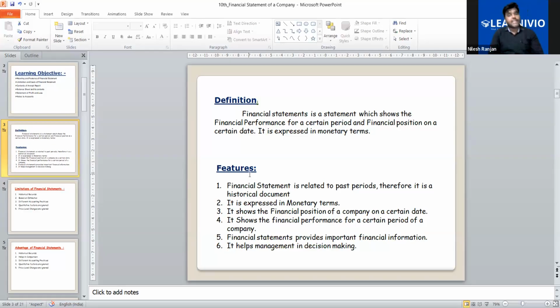The second feature is that it is expressed in monetary terms. There are some items or transactions happening in the business where no money is involved, or you cannot measure them in monetary terms. So these transactions are not recorded in the books, because in the financial statement we record only those items which can be expressed in monetary terms. Now, what does it mean?